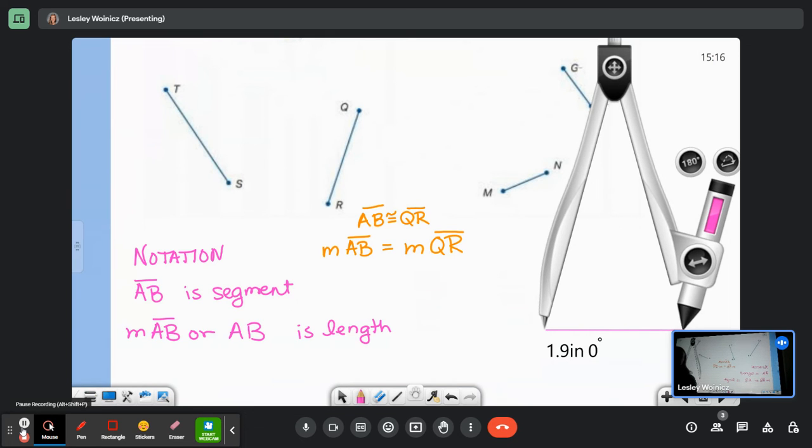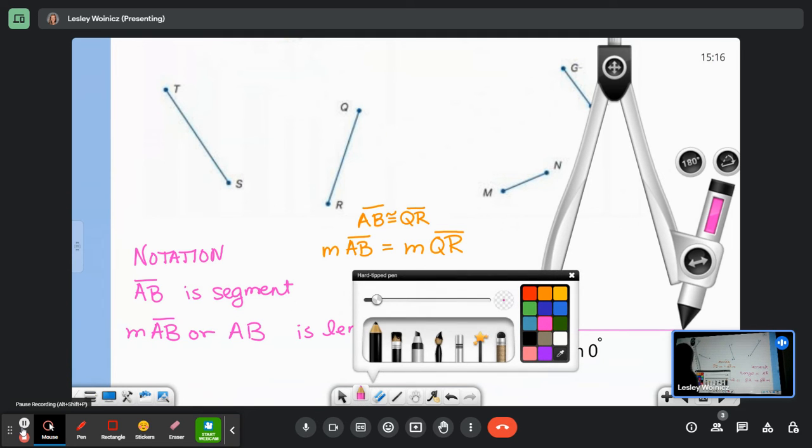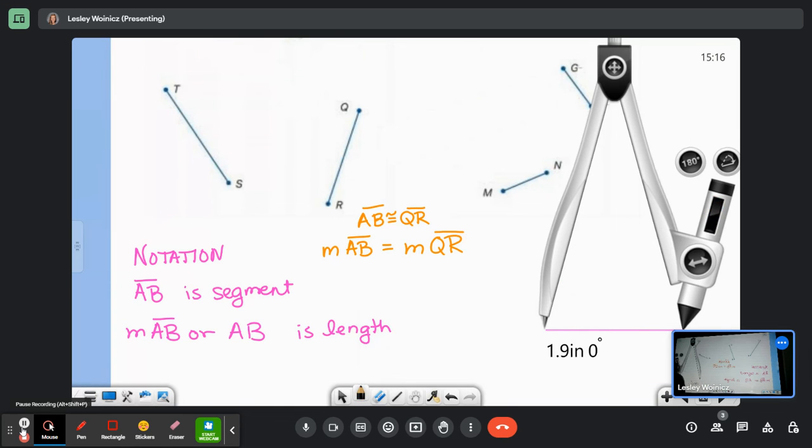Specifically AB and QR, because I already have those written on the board. What did you get? It doesn't matter. Someone can do inches, someone can do centimeters. Whatever you got, holler it out. 3.3 centimeters. And the other one is also the same.